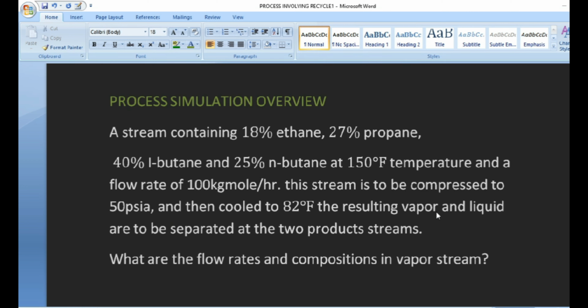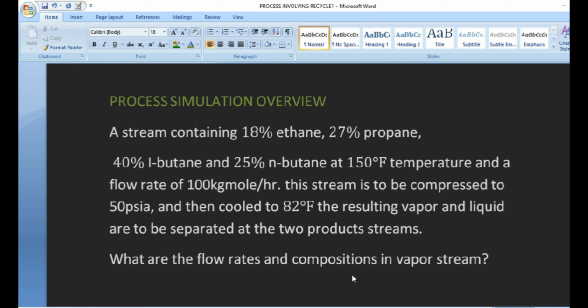The resulting vapour and liquid are to be separated into two product streams. That means we are going to have a vapour phase and a liquid phase. It's asked to find the flow and the composition in the vapour stream.